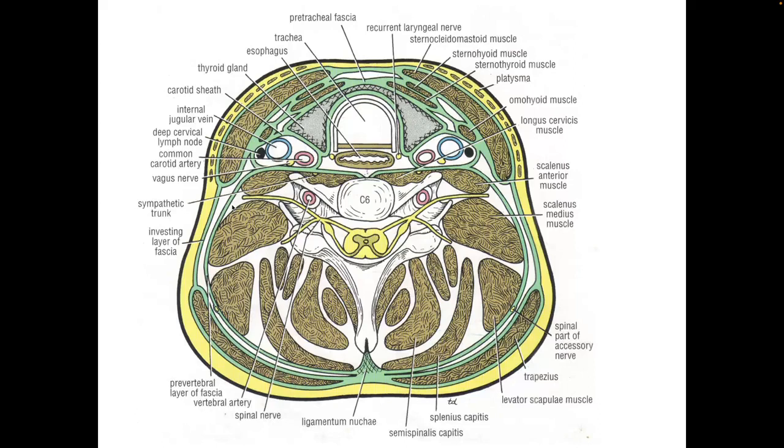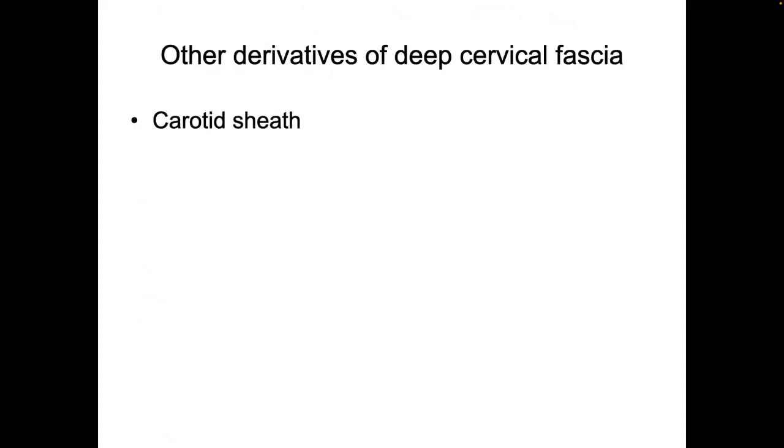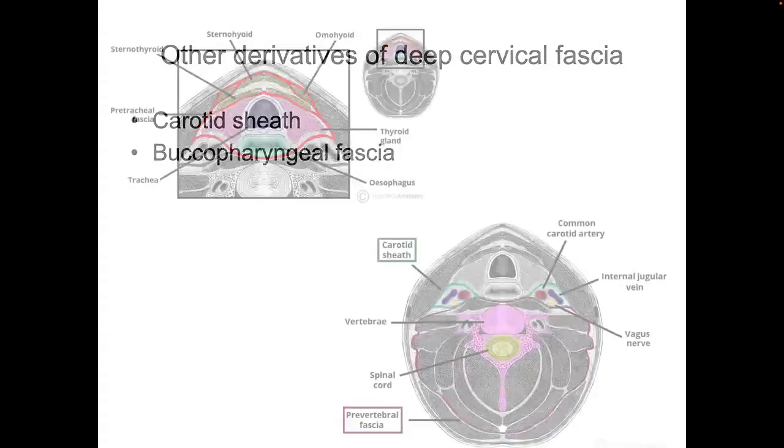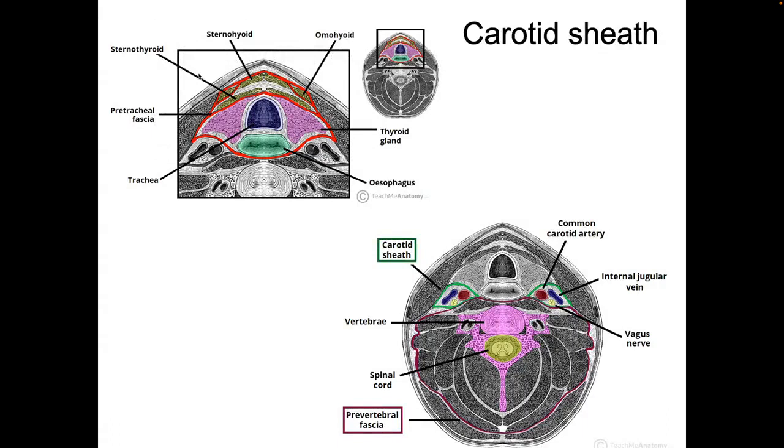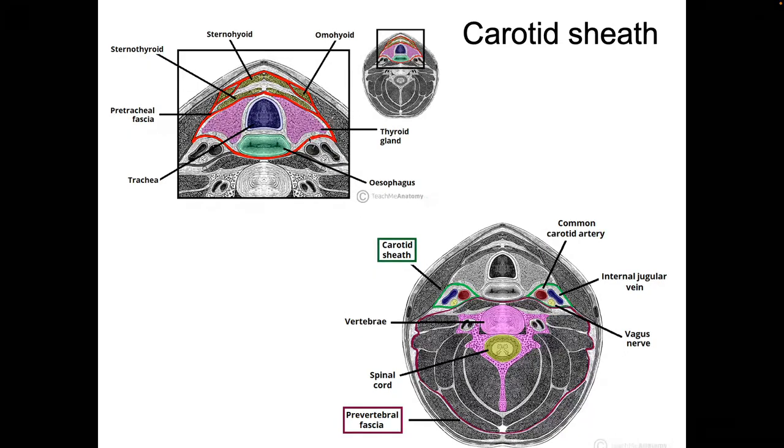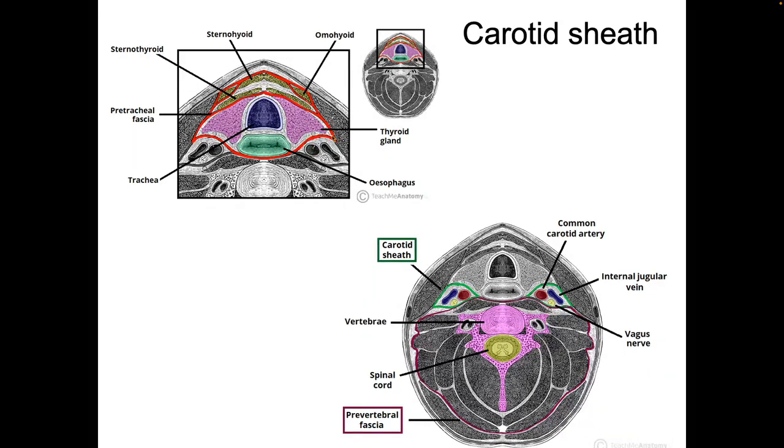Other derivatives of deep cervical fascia are the carotid sheath and the buccopharyngeal fascia. Let us see. We have seen this. The pretracheal layer, we said it blends on the sides with the carotid sheath, which means that the carotid sheath is formed anteriorly by the pretracheal layer of the fascia.